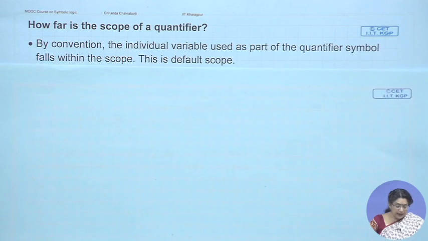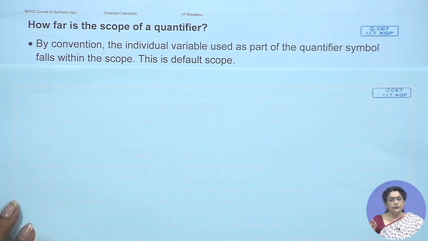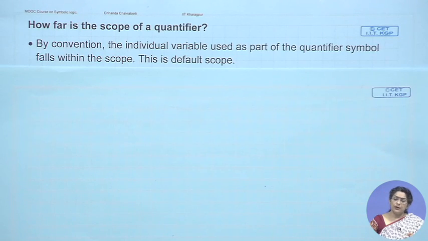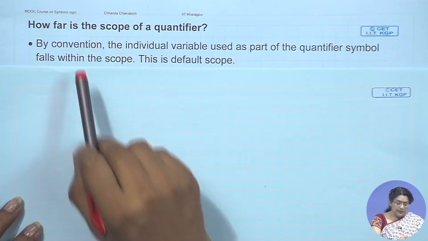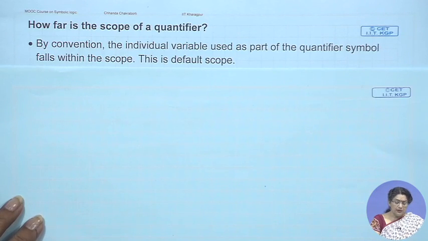Now, slowly we will build it up. By convention, I have told you that a quantifier comes with a variable that is part of the quantifier symbol. Remember, by convention the individual variable that you are using as part of the quantifier symbol is already within the scope of the quantifier.